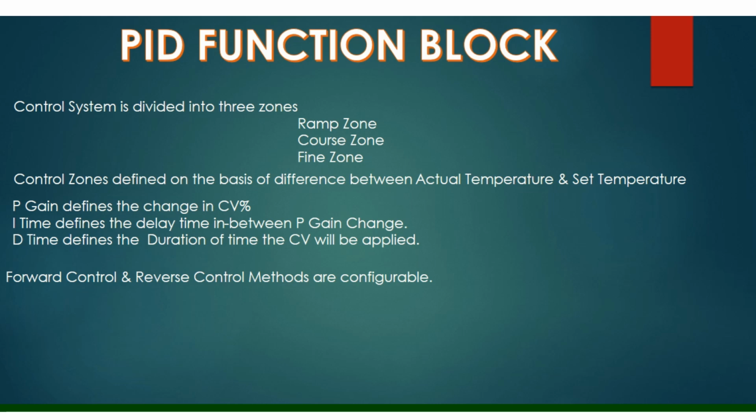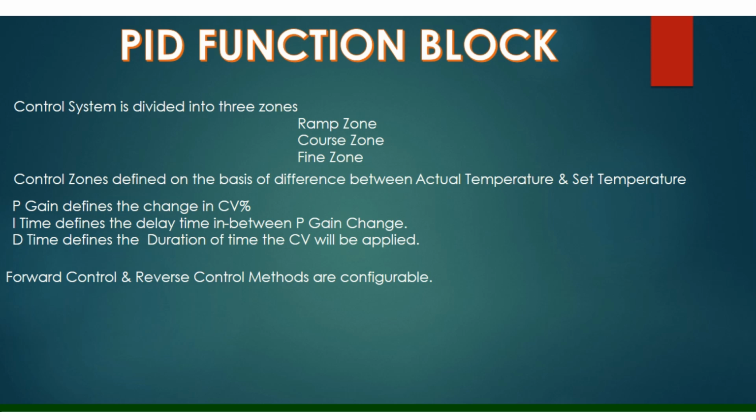In this case, your forward control mode will be activated, and you have to select the forward control for such types of controls. That means once the difference gets lesser towards the set point, the output will vary to maintain the temperature, or maintain that particular variable, below the set value.